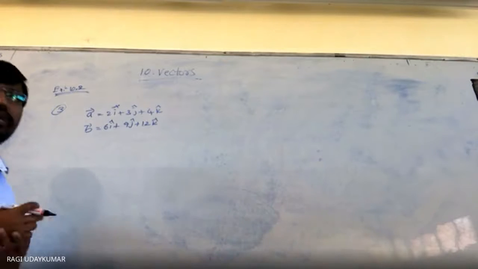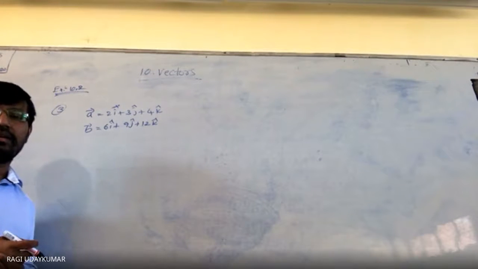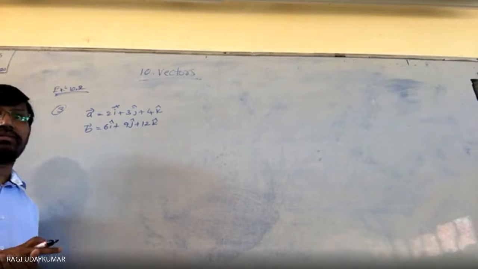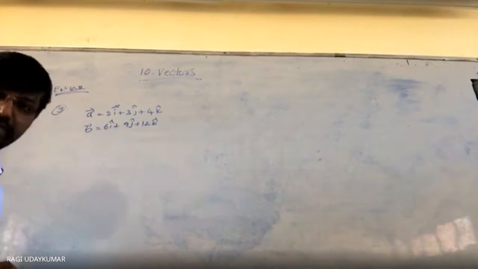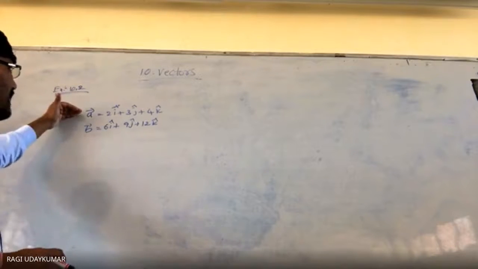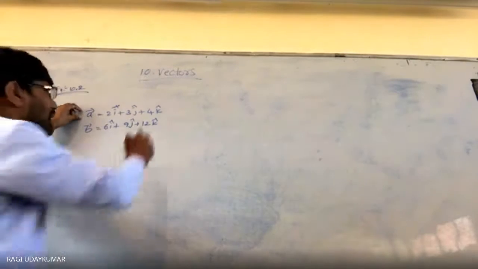So how do we find out that the direction is the same? If their direction cosines are the same. How do you find the direction cosine?